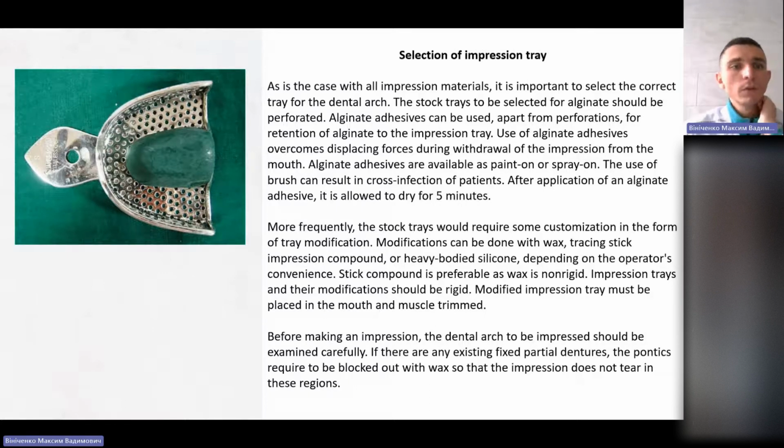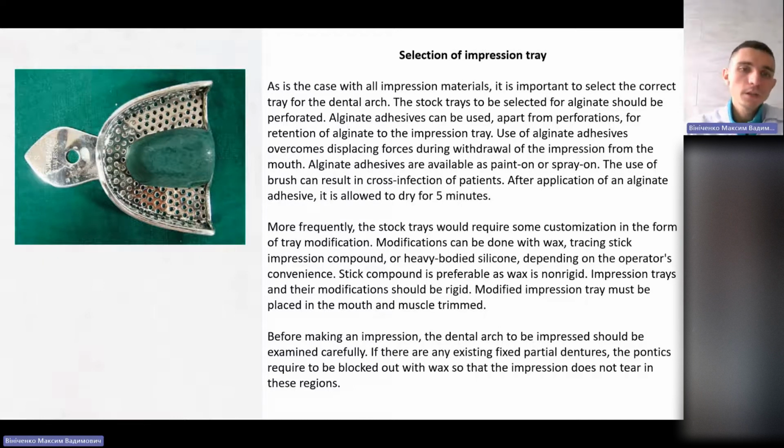Modifications can be done with wax, tracing stick, impression compound, or heavy-bodied silicone, depending on the operator's convenience. Most frequently, we use wax, but we also use the silicone to customize the tray. The modified impression tray must be placed in the mouth and muscle trimmed.